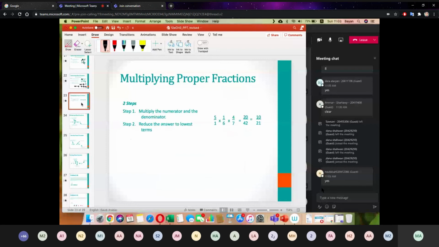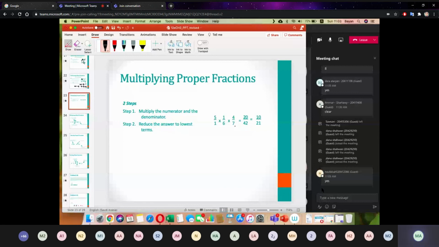Okay. Here you're going to multiply proper fractions. 5 over 1 multiply 1 over 6 multiply 4 over 7. Here we're going to multiply. Do we multiply the denominator or just the numerator?